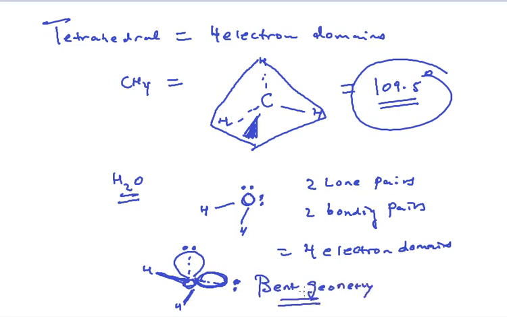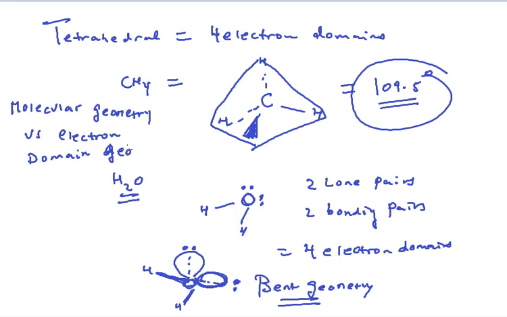In this case we also need to know the difference between molecular geometry and electron domain geometry. In most cases there is some confusion between the two. Electron domain geometry focuses on the distribution of electrons around the central atom. Molecular geometry focuses on how the atoms are arranged in a molecule.